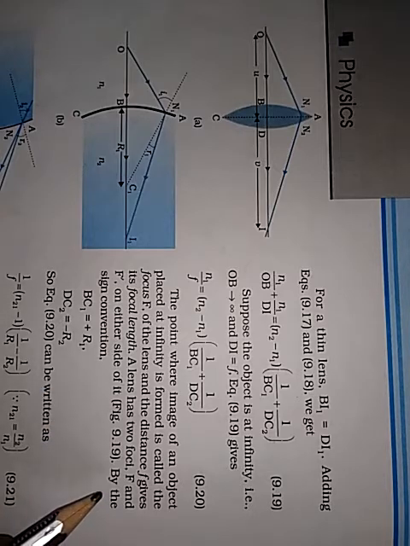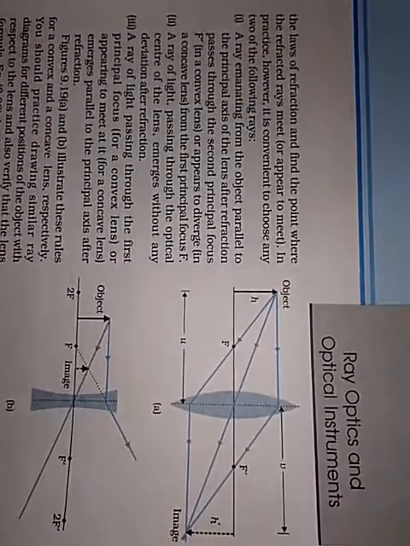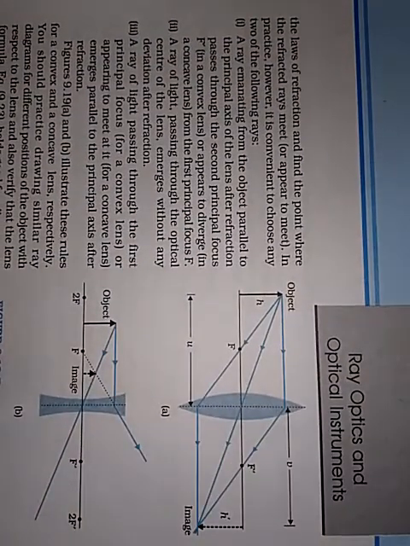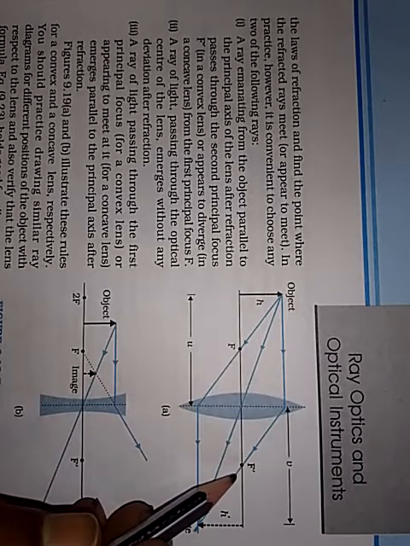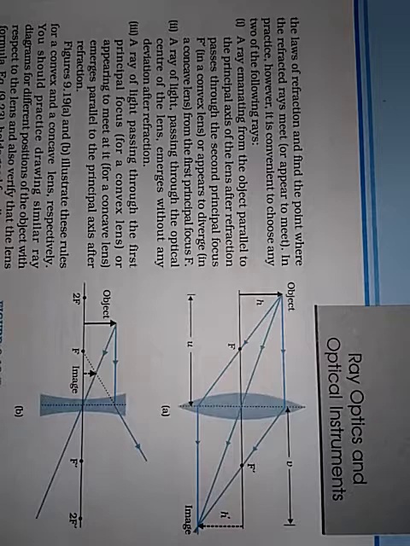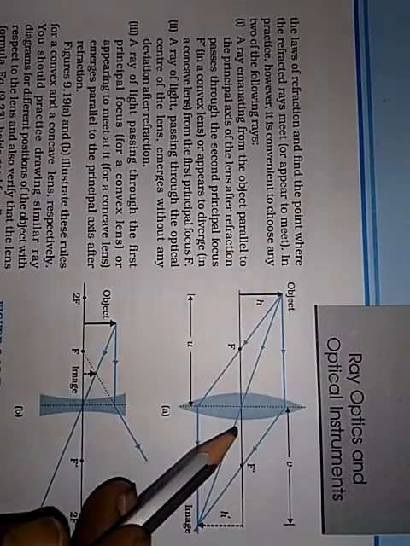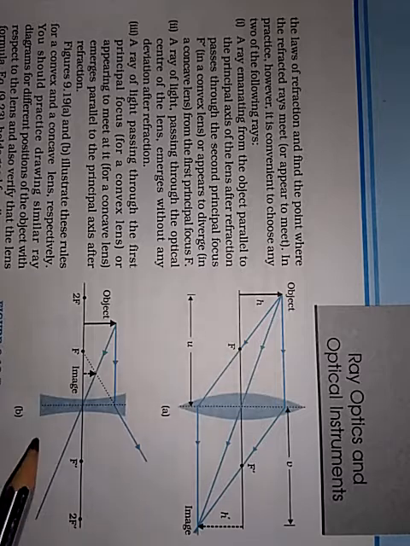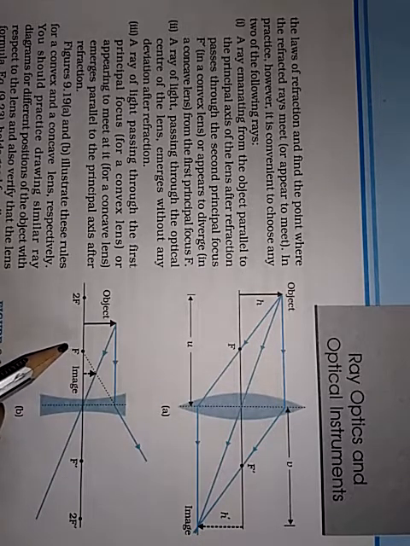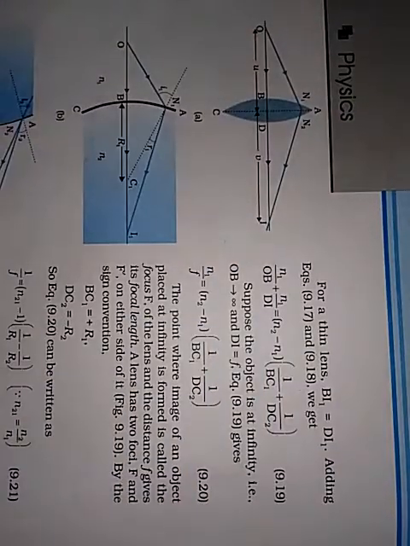In this diagram you can see that you have two focus points, one is f dash and the other one is f. This is applicable both for convex lens as well as concave lens. Similarly, for concave lens also you have two focal points, f and f dash. That's what is mentioned here.